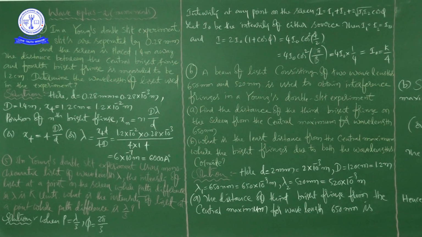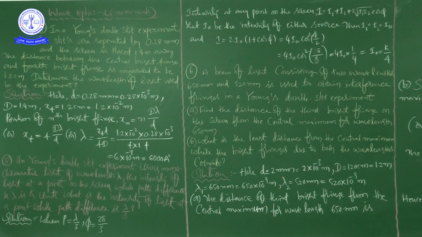Next exercise problem, that is problem number 5. This problem is also related to Young's double slit experiment, so please be focused on it. I hope you already learned Young's double slit experiment, which we discussed in the chapter of wave optics.